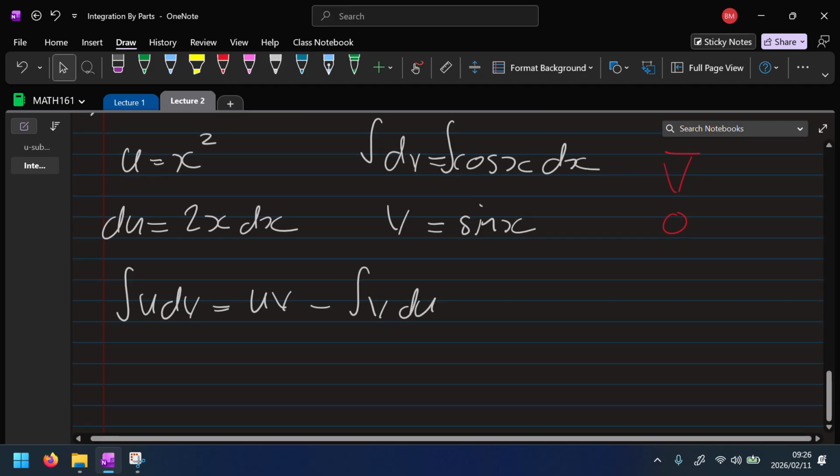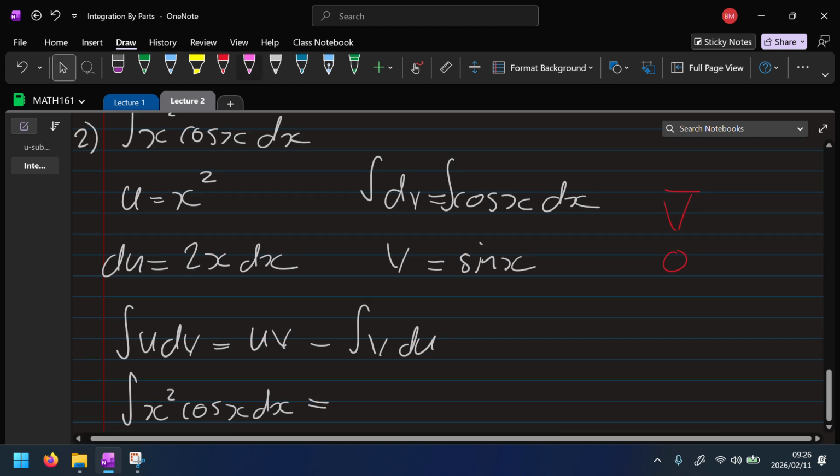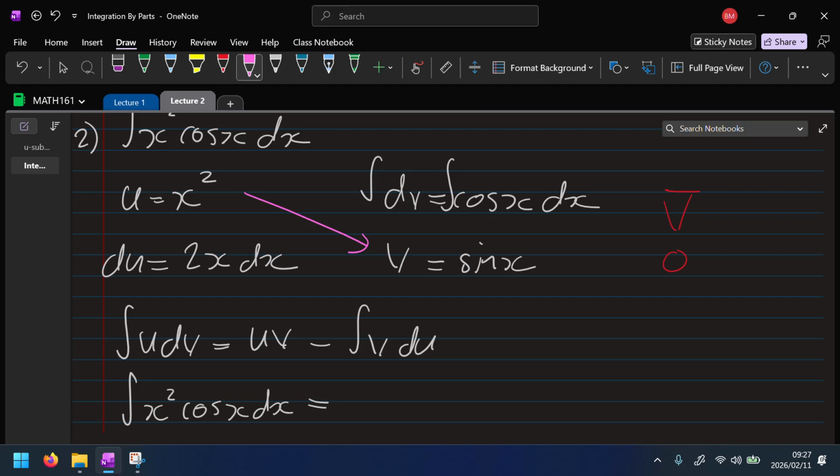And then we substitute. u dv, that's going to be our x squared cos x we had at the beginning. uv, we look at the diagonal. So it will be x squared from the top, sine x from the bottom there. So we just write x squared sine x.